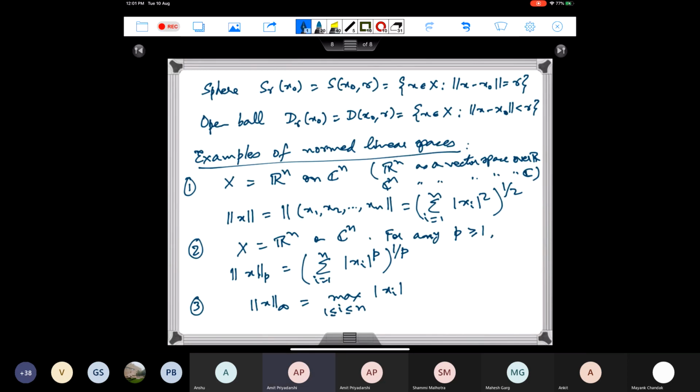In the next class, I'll give some more examples of normed spaces, and then we will look at some other results about normed spaces, and we'll discuss the bounded linear transformations between normed spaces and so on.